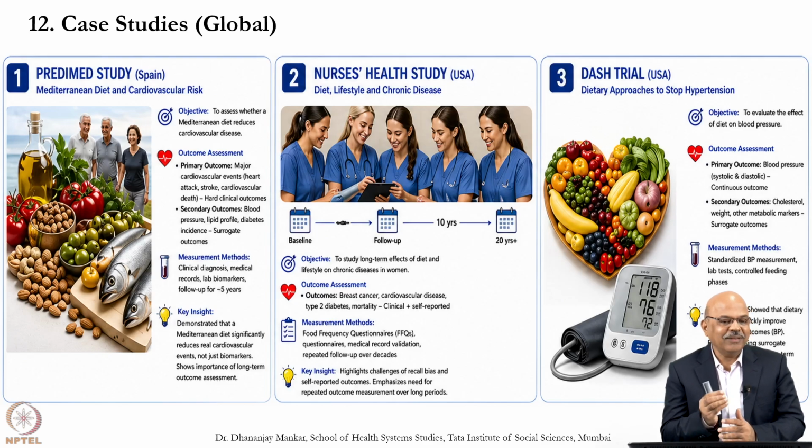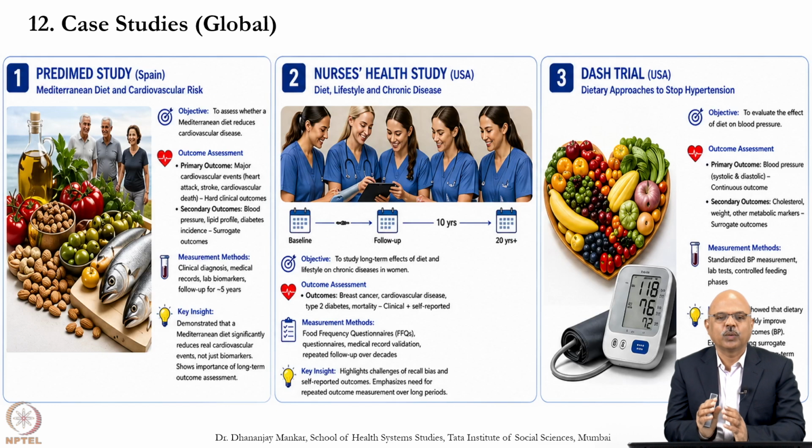The key insight demonstrated that a Mediterranean diet significantly reduces real cardiovascular events and not just the biomarkers. So it shows the importance of long-term outcomes. So Mediterranean diet and its association with cardiovascular disease is pointed out in the PREDIMED study.